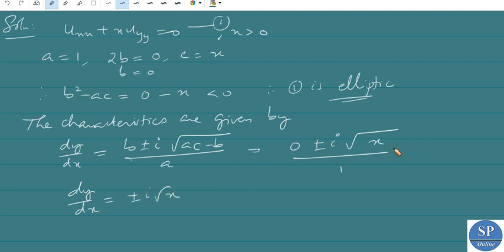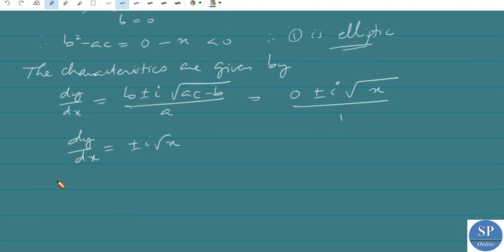Okay, so in the case of an elliptic differential equation, we need only one differential equation here. So from this, if we take the first differential equation, dy by dx is equal to i square root of x, that implies dy is equal to i into x power 1 by 2 dx.